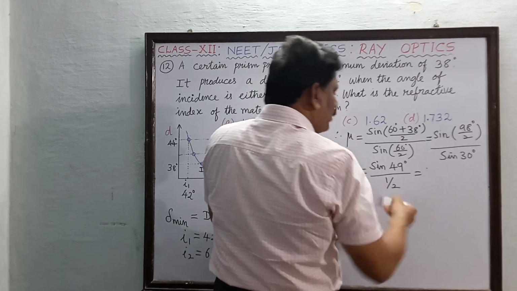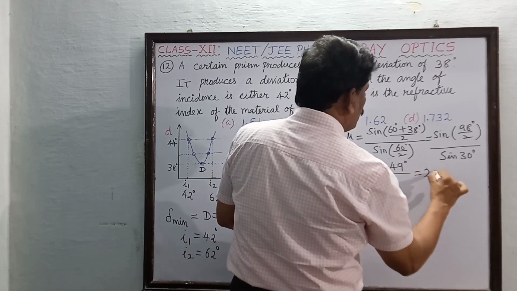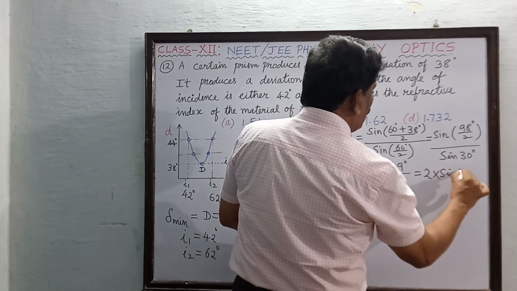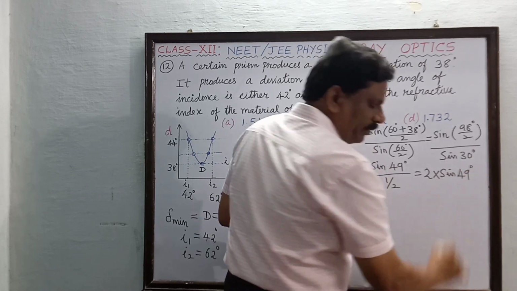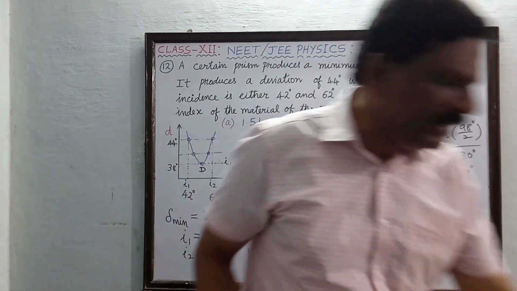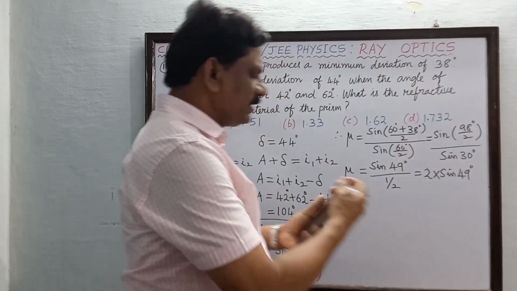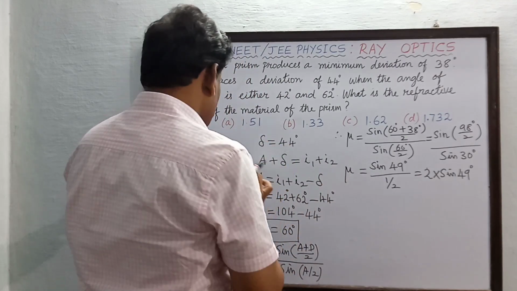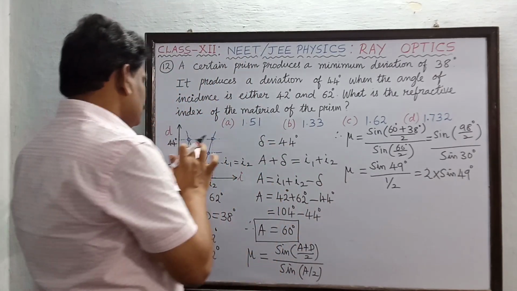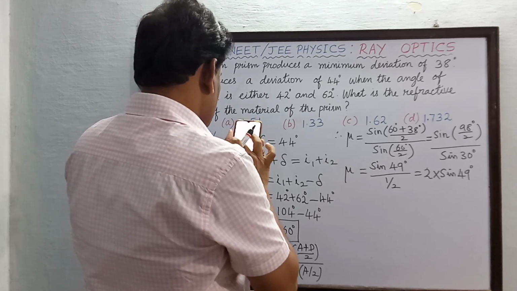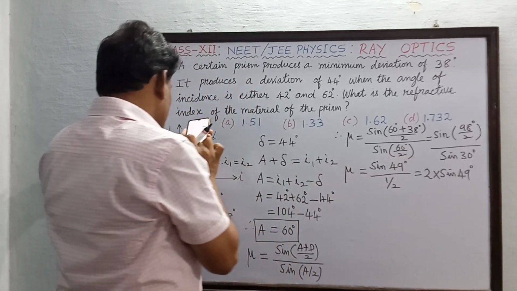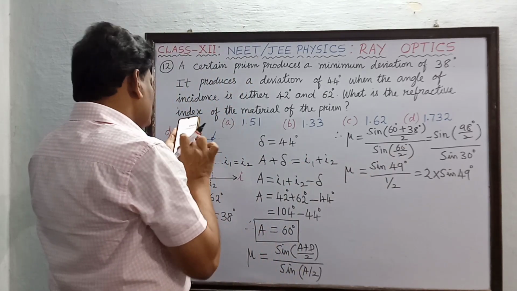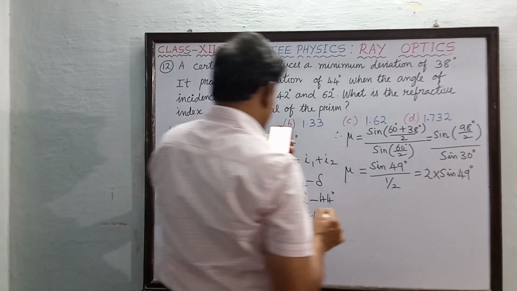So this is 2 into sine of 49 degrees. Sine of 49 degrees, we can use the calculator. Yes, sine of 49 degrees is equal to 0.755.